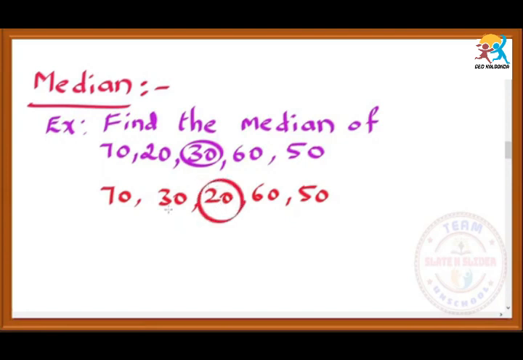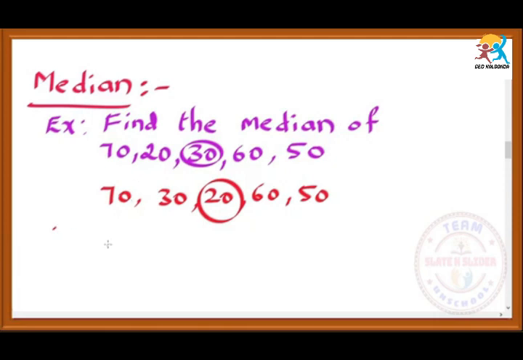Is it correct? For the same data, here we got the median 30, and here we got the median 20. How is it possible? In mathematics, it is not possible. So all the students, teachers and people should use the same method. If anyone finds the median for this data, everyone should get the same value. That's why we have to write these numbers in ascending or descending order.